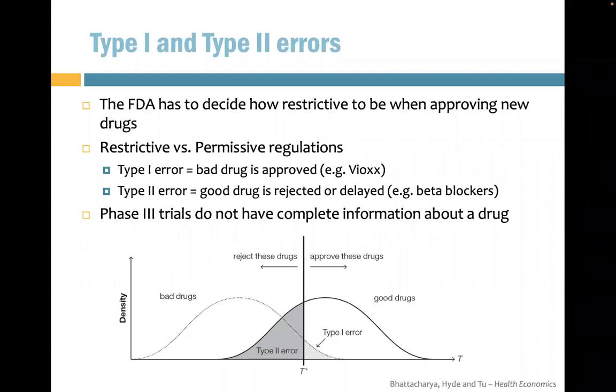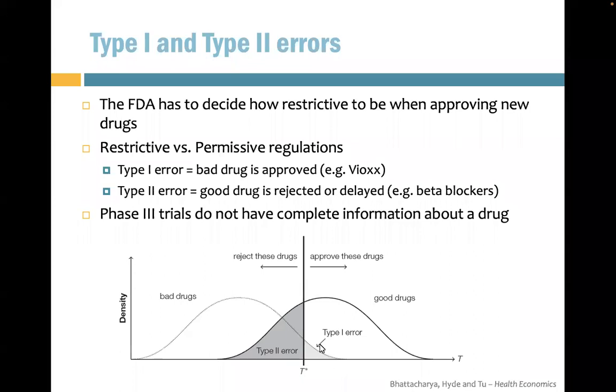But if you come back with a result that's smaller than T star, then I'm going to reject it. And when you reject or approve at T star, the type 1 error is this small gray area on the right-hand side of T star. This is the possibility that you approved a bad drug.